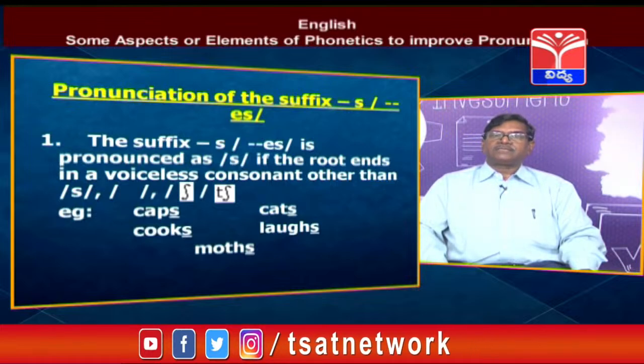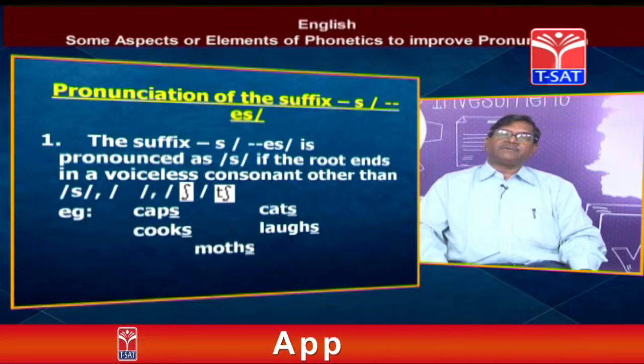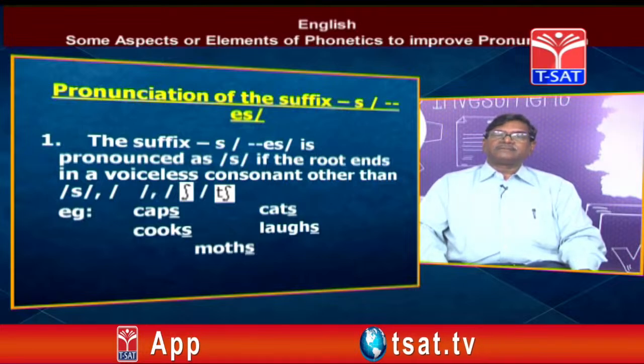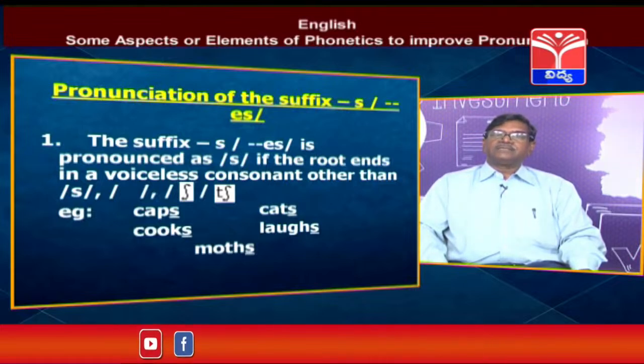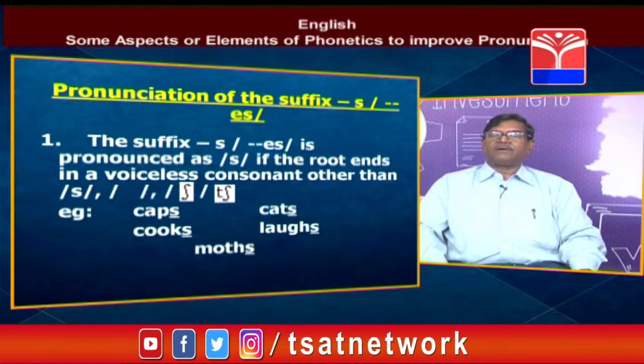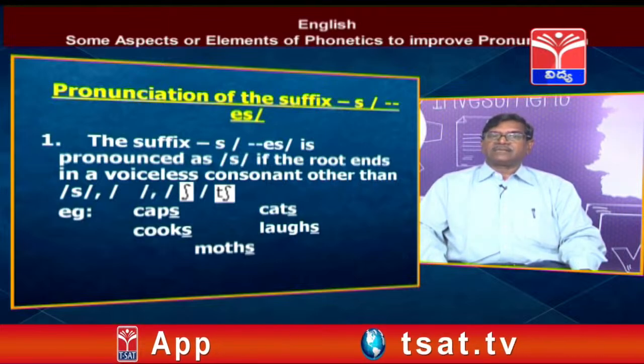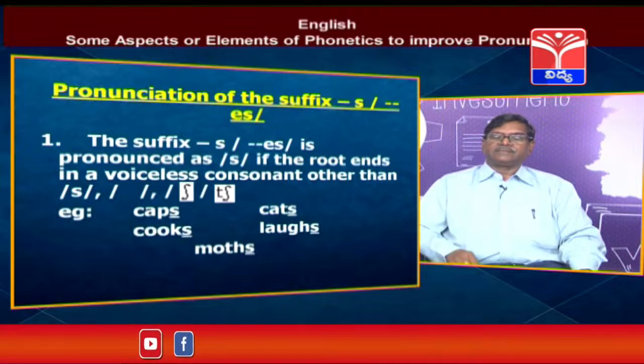Other than s, sh, ch, if the word ends with any other voiceless consonants, then in such a case the plural marker, the possessive marker or the present tense third person singular marker is pronounced as s: caps, cats, cooks, laughs, myths, like that.